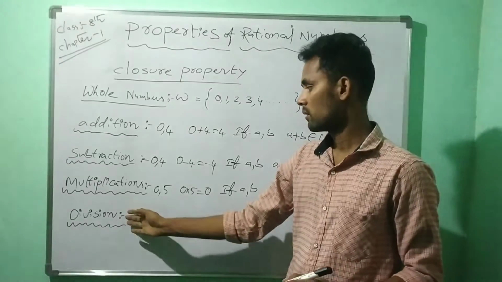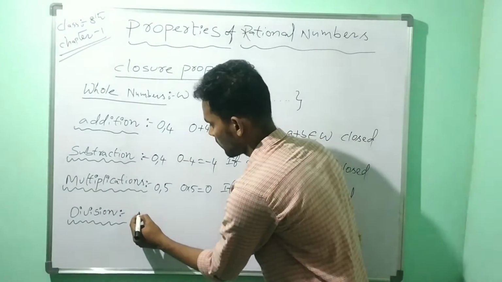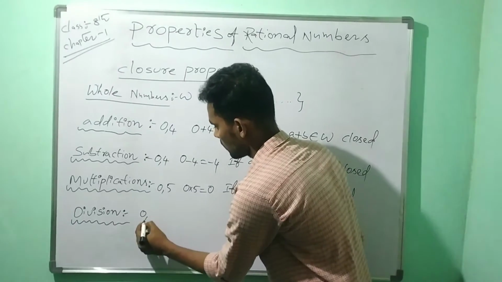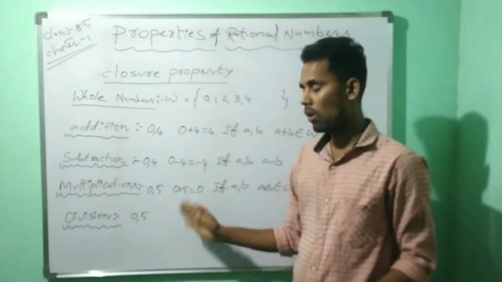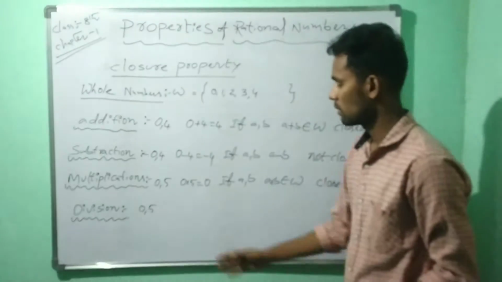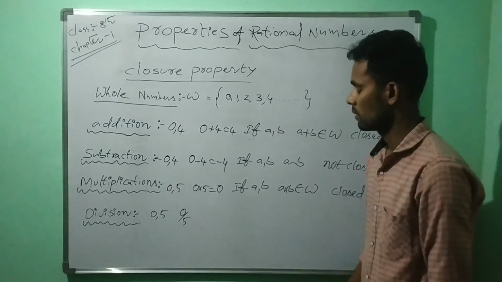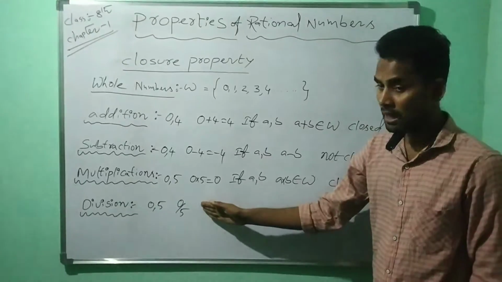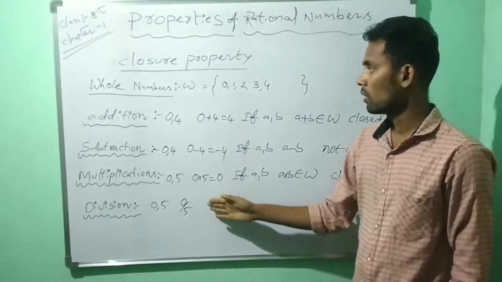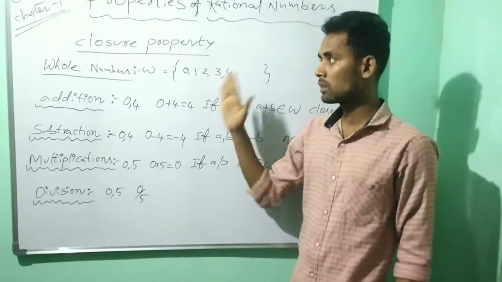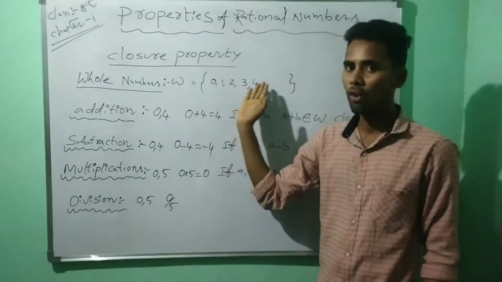Next, division. 0 and 5 are also whole numbers. 0 by 5. 0 by 5 is a rational number. 0 by 5 is not a whole number. So the closure property is not satisfied under division in the set of whole numbers.